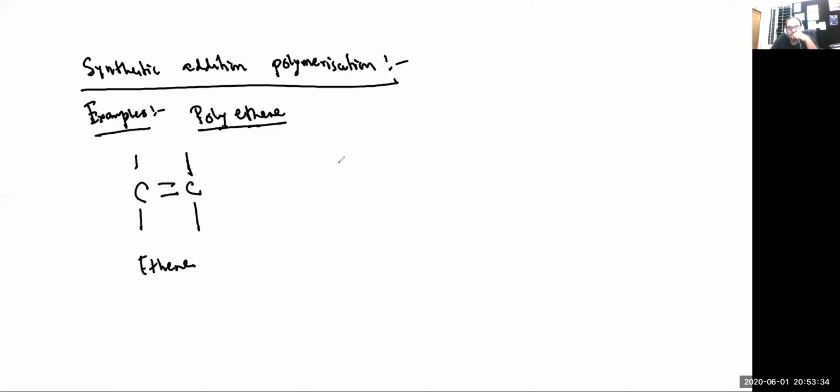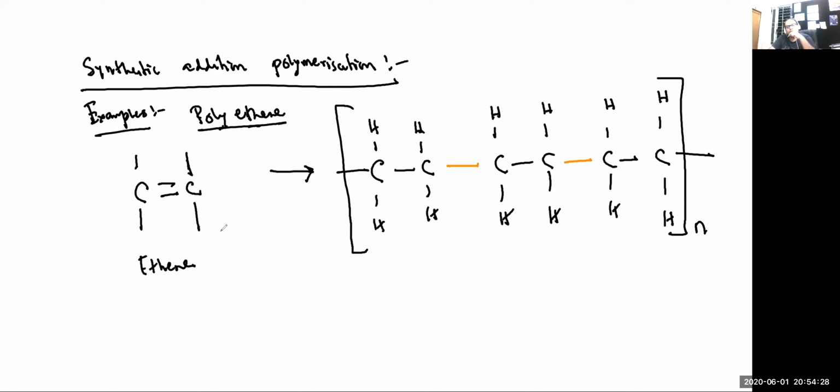Let's draw these. So we call this a polyethylene. Why is it a polyethylene? Because there are numerous ethene molecules which are joined together.